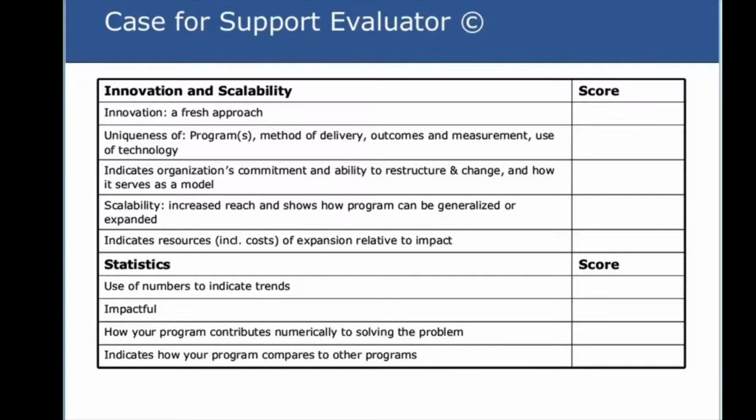So you want to be able to show, as part of scalability, how the program can be generalized or expanded, how what you're doing can be leveraged for greater impact, which is ultimately what the foundations are looking for. And in that generalizing expansion, what kinds of resources, including the cost, would be necessary for the kind of increased impact that you're looking for, and how the two things relate to each other.